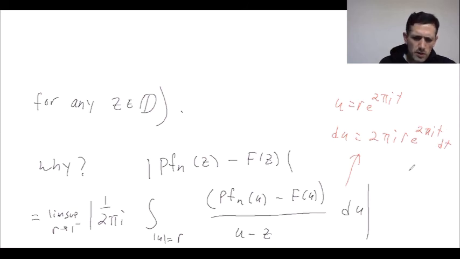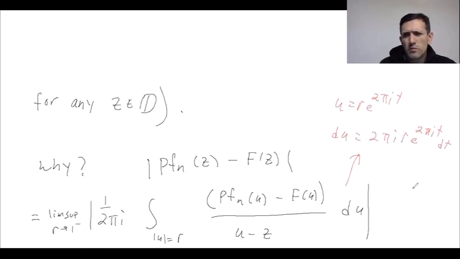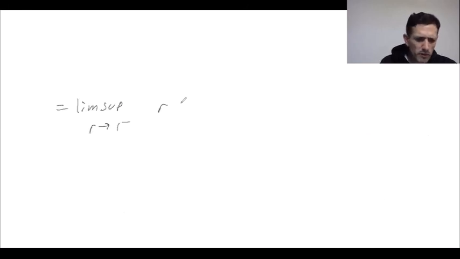All right, so again, I'm going to estimate the bottom. Well, I'll just plug everything in. So yeah, I do get an r here, which who really cares? r is going to 1, but whatever.